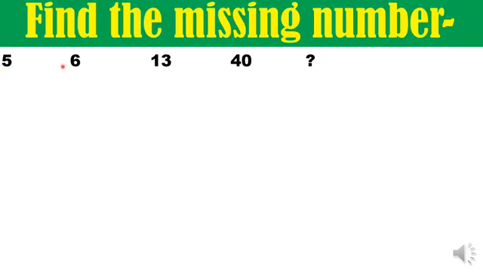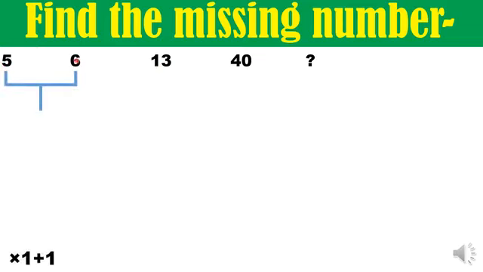5 and 6. It can be said that from 5 the next number, as we do simple counting, it can be said that it is simple counting. But here it is not simple counting. There must be 7 in that case, but यहाँ 7 नहीं है, 13 है, so it is something different. Let us see what may be the relation between this one and this one.